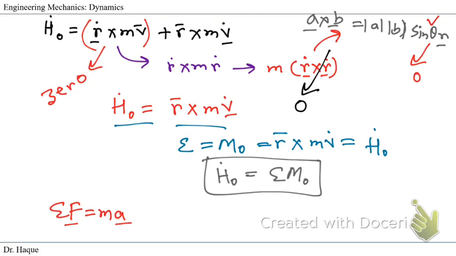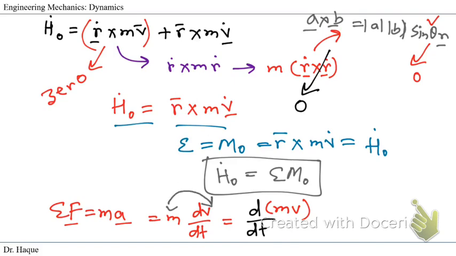So that can be written as m dv over dt. That's your acceleration, and we can take the m inside, so that will give us d/dt of mv, because m was constant, we just put the constant inside the derivative, and that's not a problem.